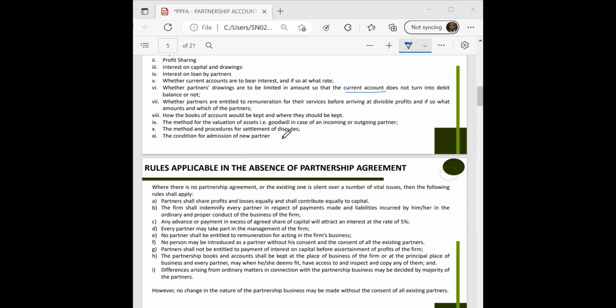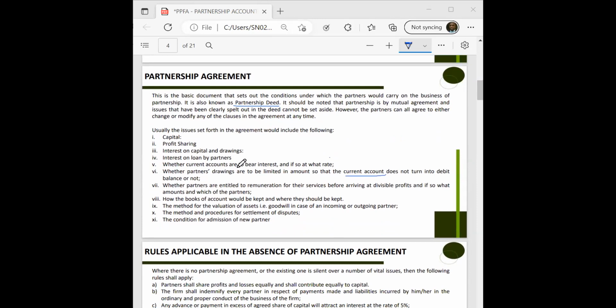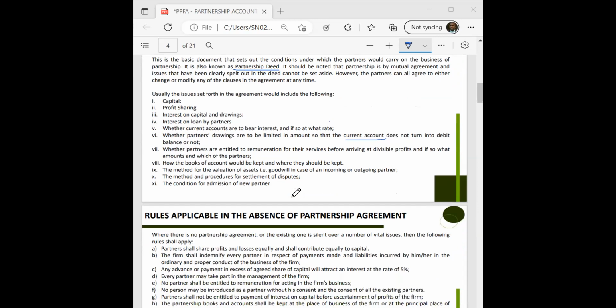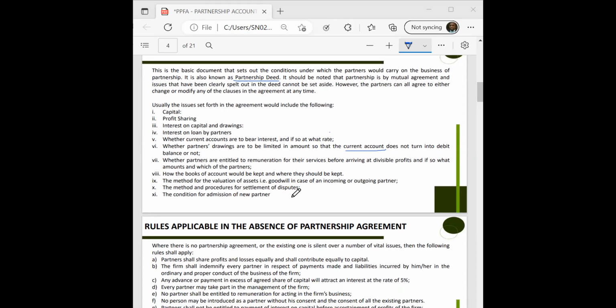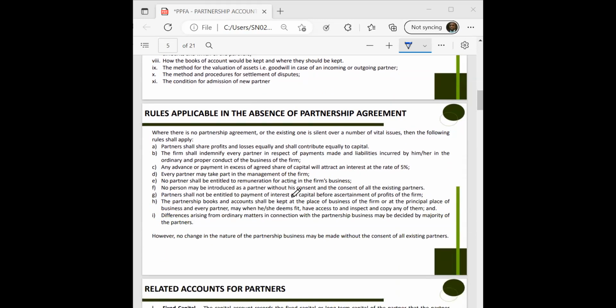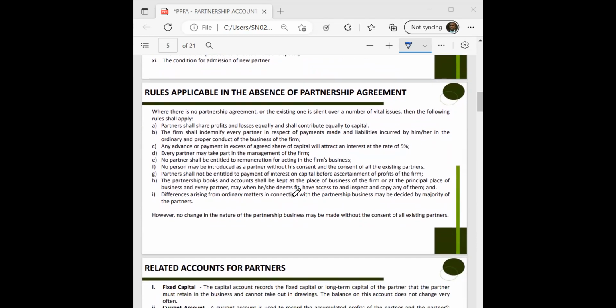So all these things are what will be contained in the partnership agreement. They will be set from the get-go to be what will guide. That will be the document that will guide the partnership, that will guide the partners on how to carry out their obligations.